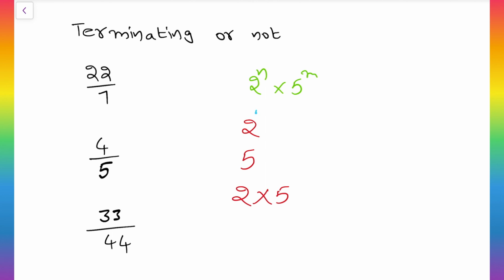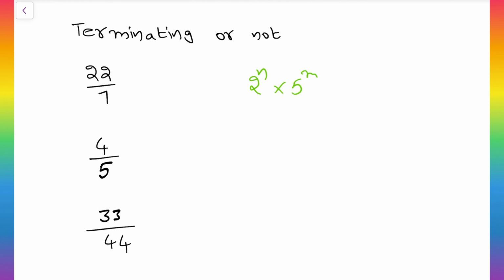Here 2 power 2 is fine, no problem. 2 power 100, no problem. 5 power 1000, no problem. 2 power 2 and 5 power 4, whatever the power may be, we need not worry about the power, only about the base. If the base is 2 or else 5 or else 2 and 5 both in the denominator, then we can conclude that it has a terminating decimal. Except these numbers, if any other number is there, then it has a non-terminating repeating type of decimal.